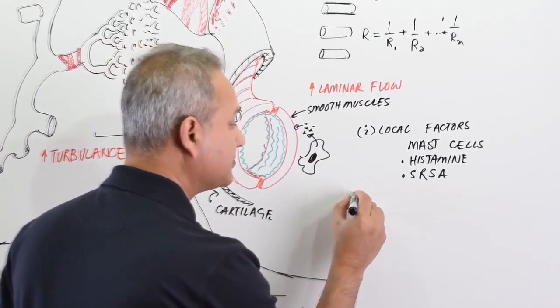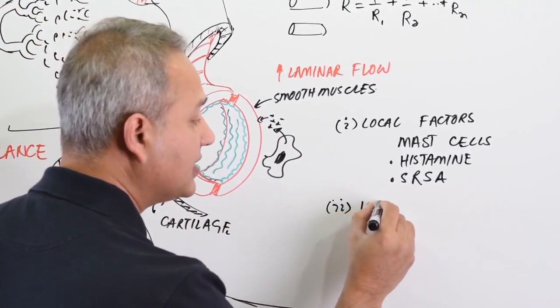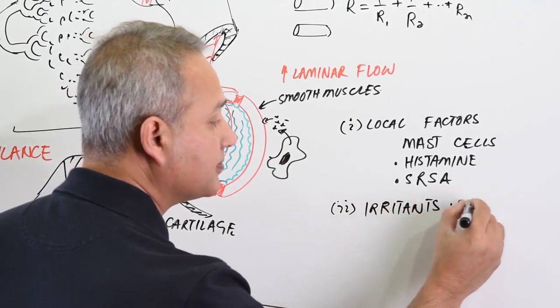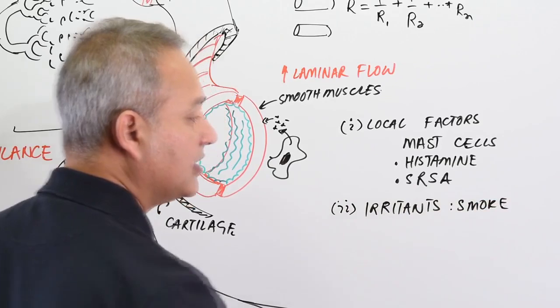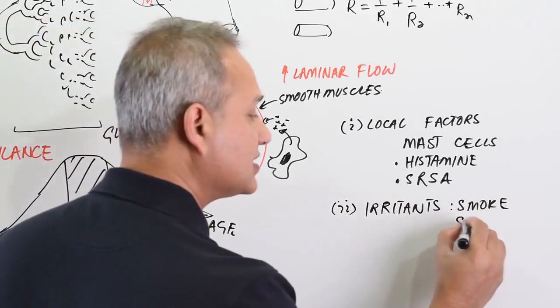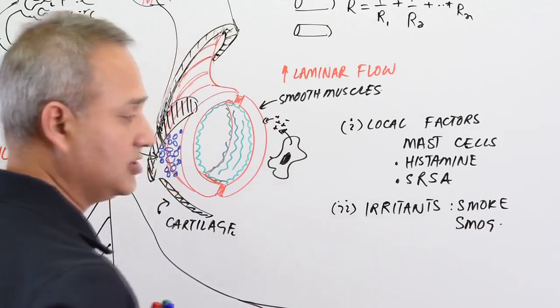Then irritants. For example, smoke. Smokers really do a number on themselves. Smoke, smog, there are substances in smog that cause irritation.